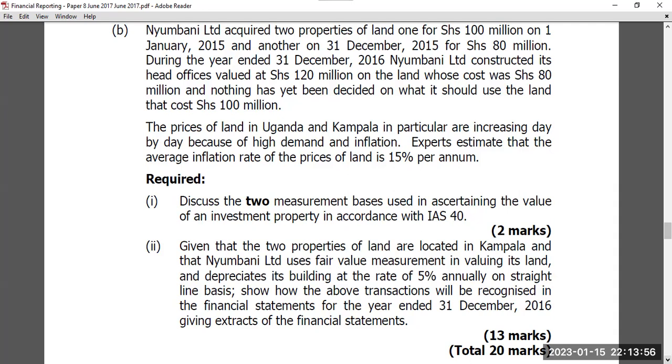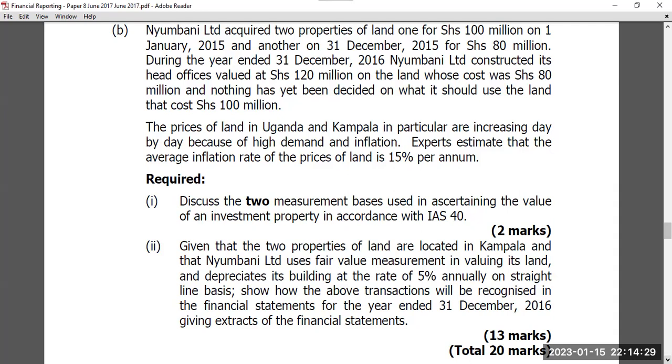What this statement means is that the second land that was bought on 31st December 2015 is the land they used to construct a head office valued at 120 million. It means we have three properties: land 1, land 2, and the head office, the building that was constructed.